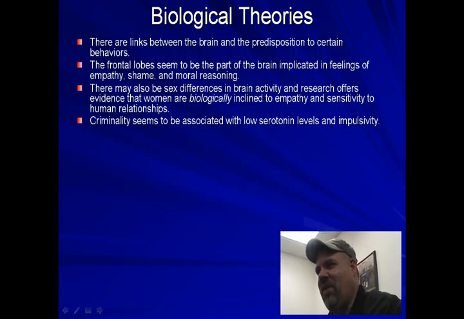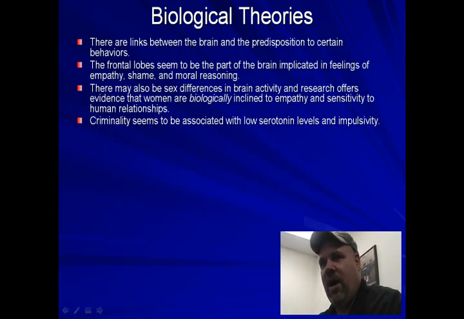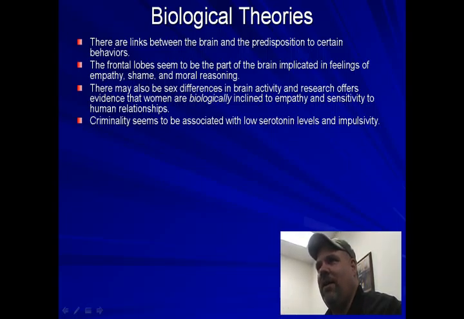Serotonin. Have you ever heard of an SSRI? An SSRI is a selective serotonin reuptake inhibitor. What that does is it's a reuptake inhibitor. In the brain, excess amounts of serotonin are reabsorbed into the body.